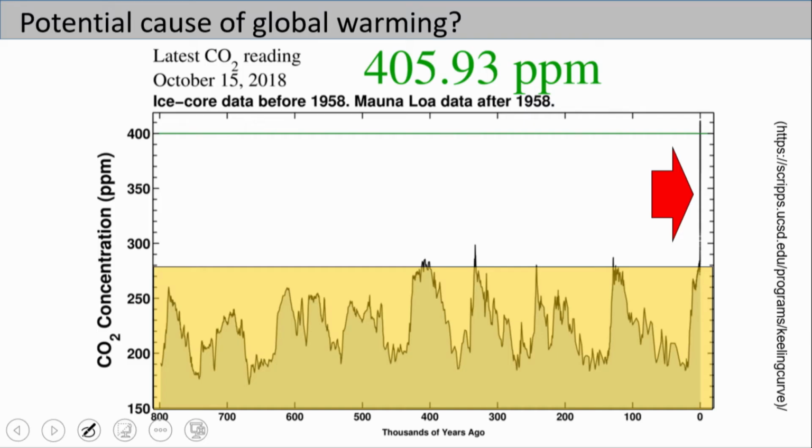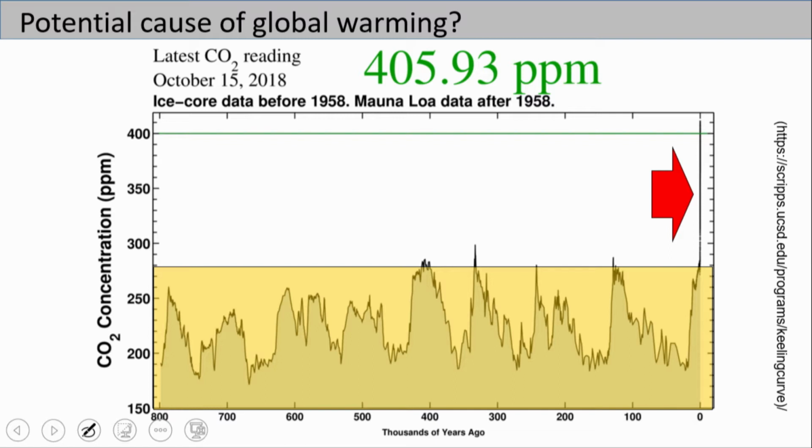Because we see a tremendous increase in the greenhouse gas concentration in the atmosphere, especially carbon dioxide, since the Industrial Revolution. Here is a graph which shows you how the carbon dioxide in the atmosphere has changed during the last 800,000 years. This graph has been developed based on the ice cores drilled in Antarctica.